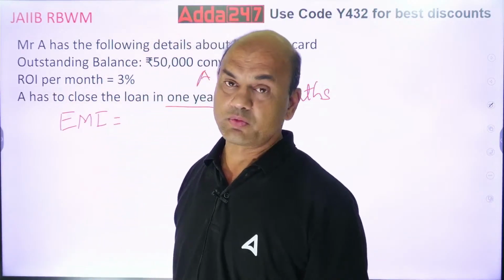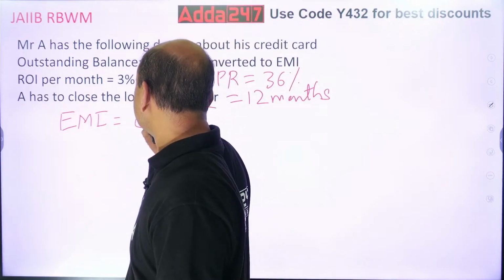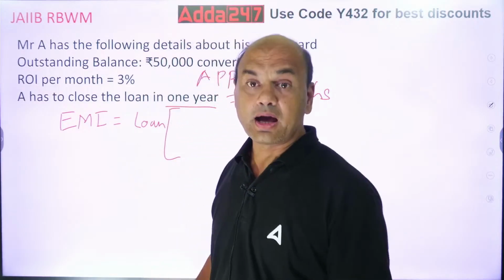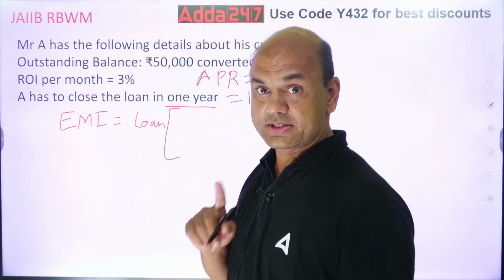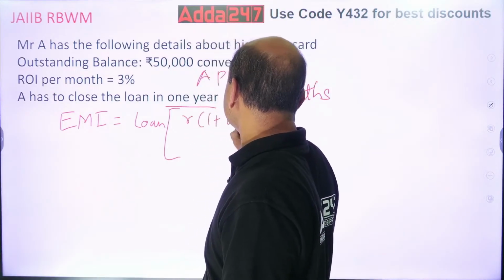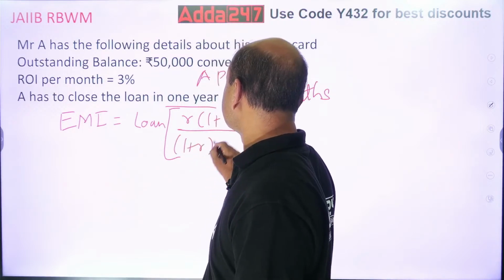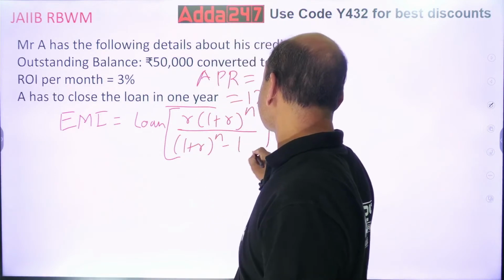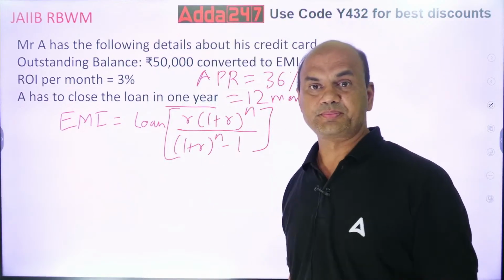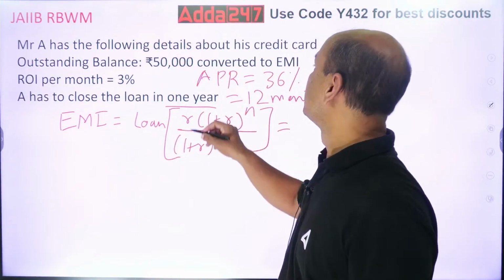The EMI formula equals principal loan amount into R into, kindly note, pay attention everyone, (1 plus R) raised to N, the whole upon (1 plus R) raised to N minus 1. This is the EMI formula. So now what is the loan amount?